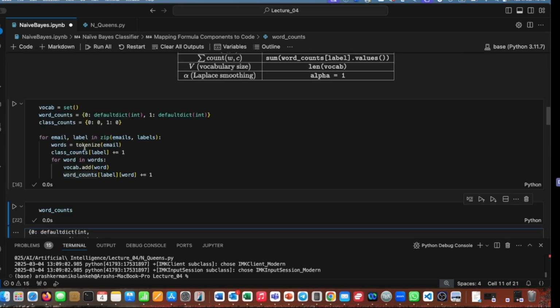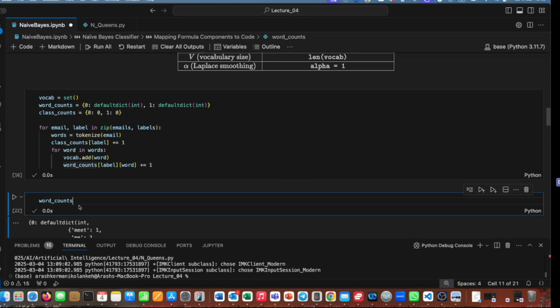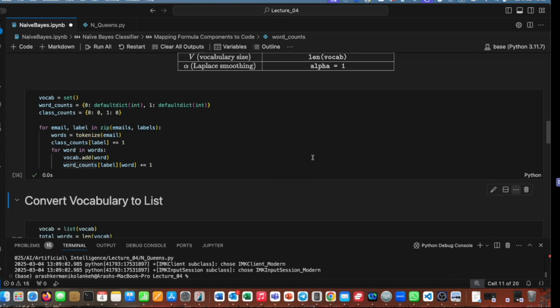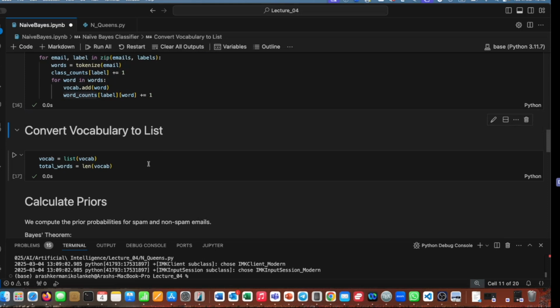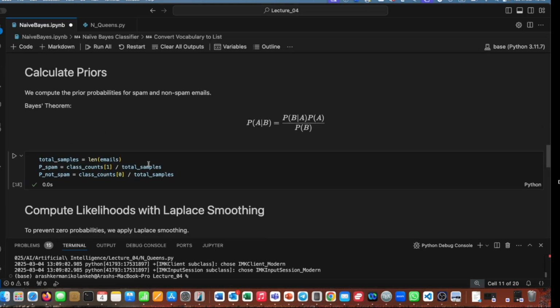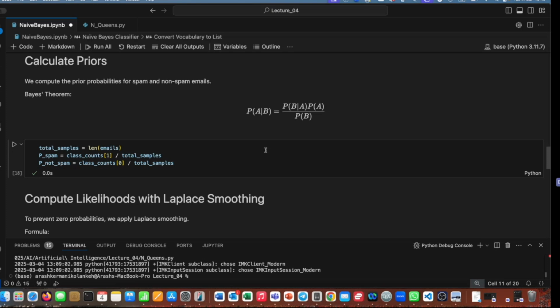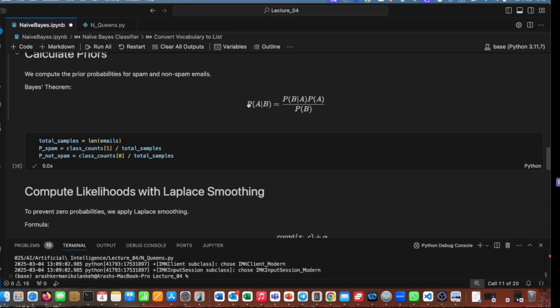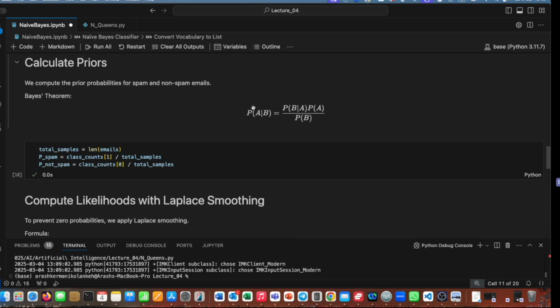So this is the job of this loop. Now let's see where this information is used. Okay, the famous formula, Bayes theorem. We want to calculate A given B. A was our class given B. So first we need these elements.